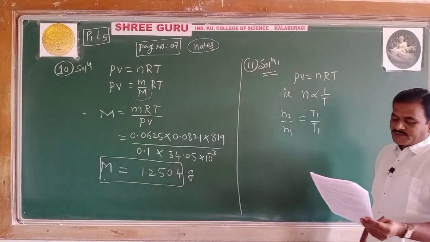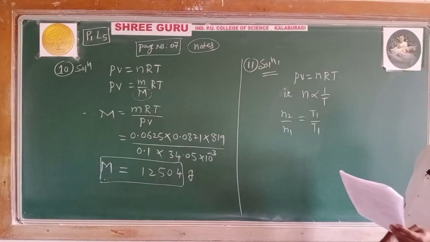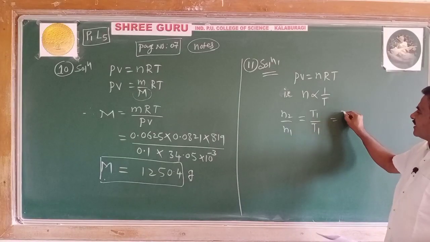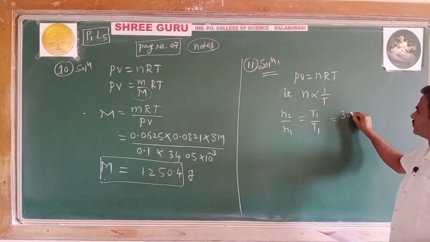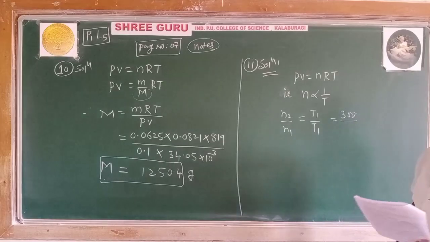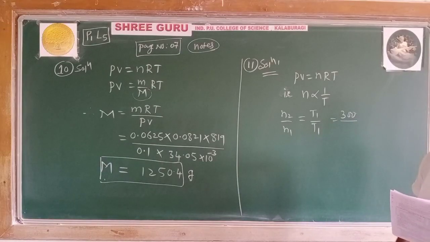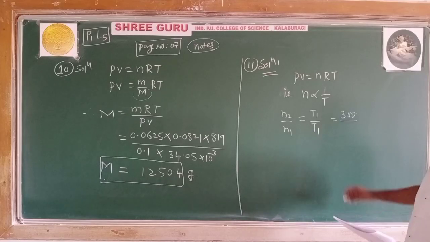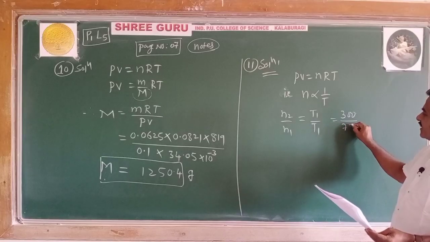So what is T1? 27 degrees Celsius means 300 Kelvin. T2 is 477 plus 273, you get 750.